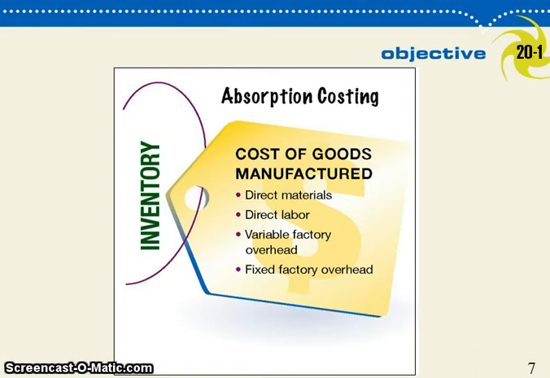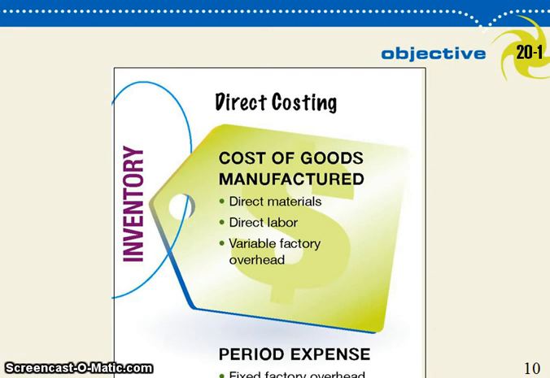Right? Well, under direct costing, which is also referred to as variable costing, we're going to look at what the income statement looks like if we don't include those fixed costs. We're only going to include those costs that are variable, that change based on the number of items that you're making. So, things like direct materials. Direct materials are certainly going to increase if you make more of a product.